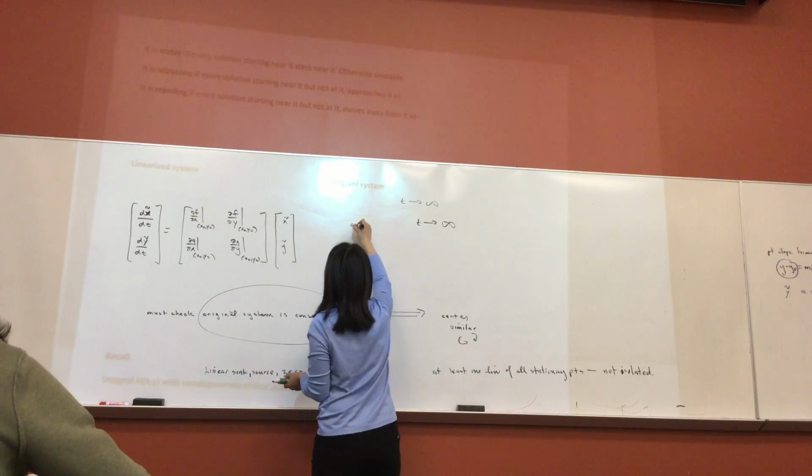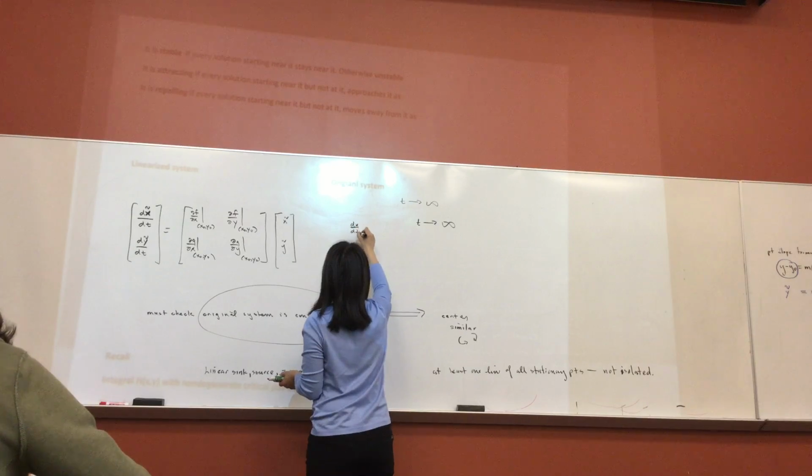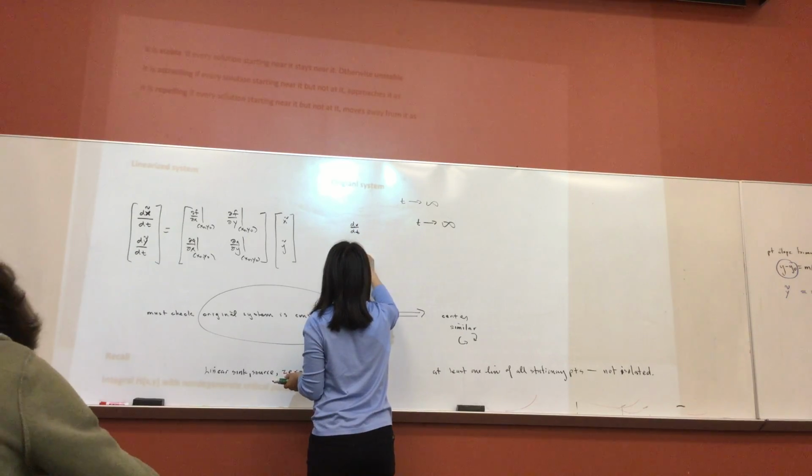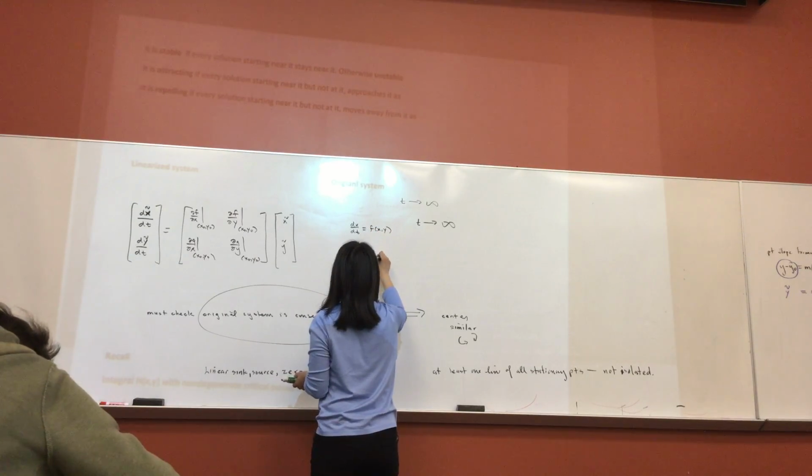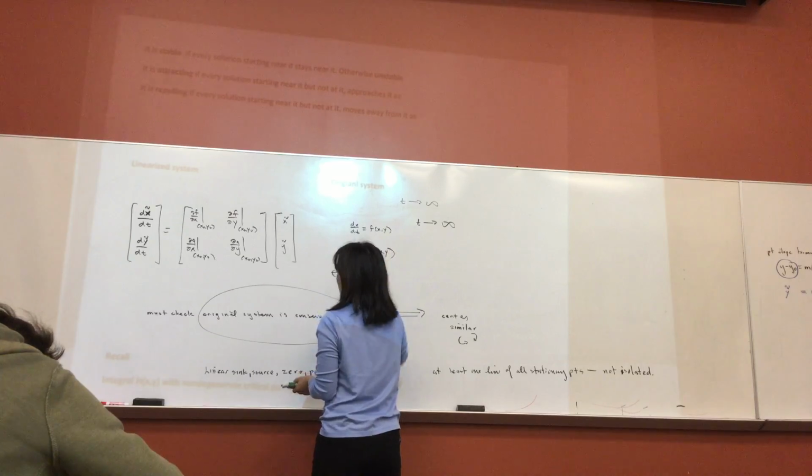Your original system was this: dx dt, dy dt equal f of x y, g of x y.